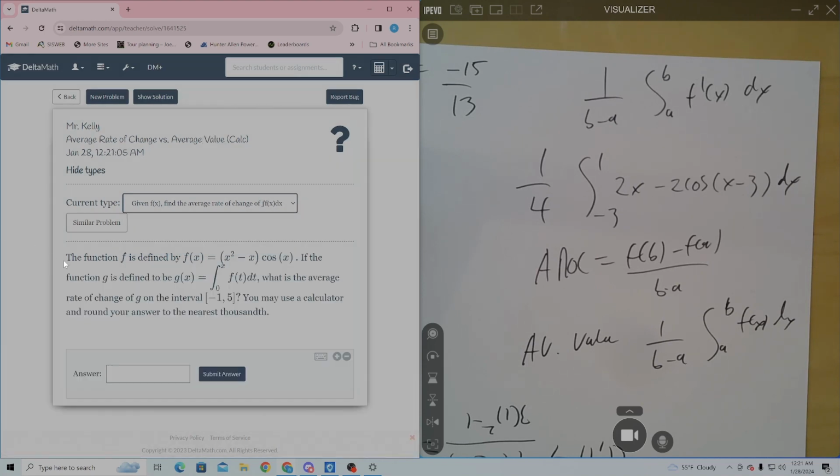This one is similar, just with an integral. This is in an FRQ I gave a while back. You take the integral of this at 5, then the integral of this at -1, and then divide by 6, and that'll get you the average rate of change.